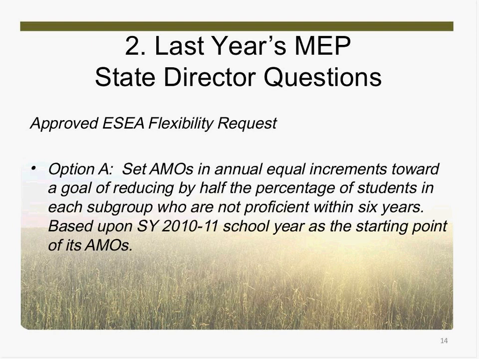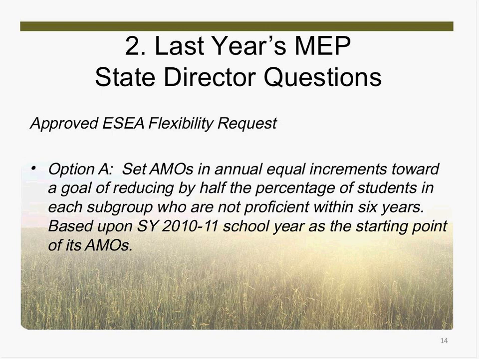For those states who have a request, I've seen many states with option A where they have this process of tailoring the performance target, or AMO, based on the migrant population, setting them toward a goal of reducing it by half, and then having these equal increments within 6 years, and using 2010-11 data as the starting point of its AMOs.